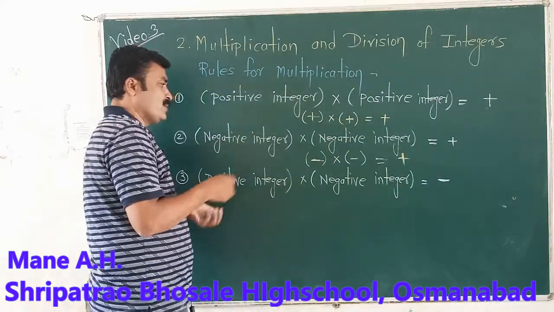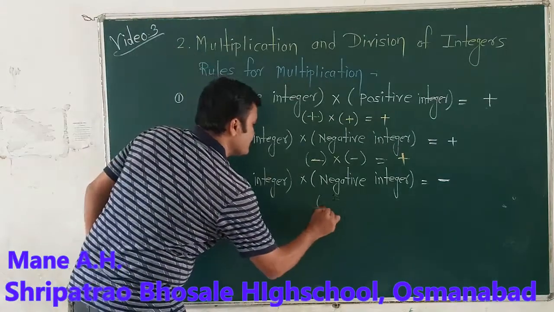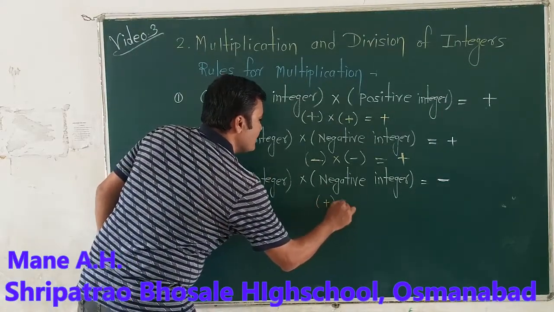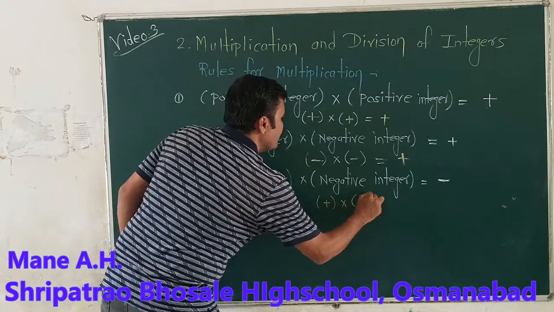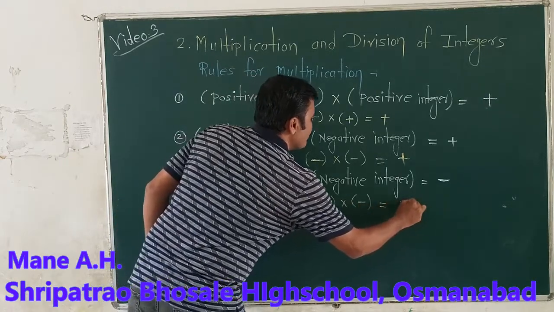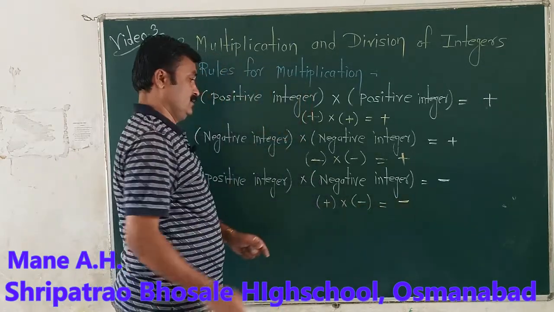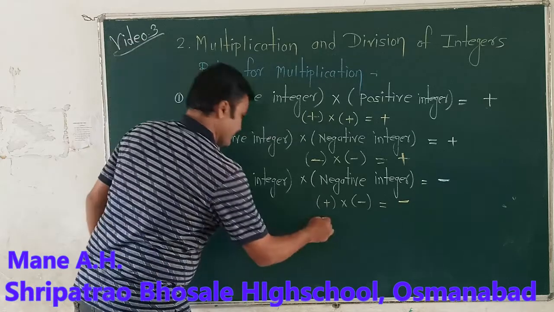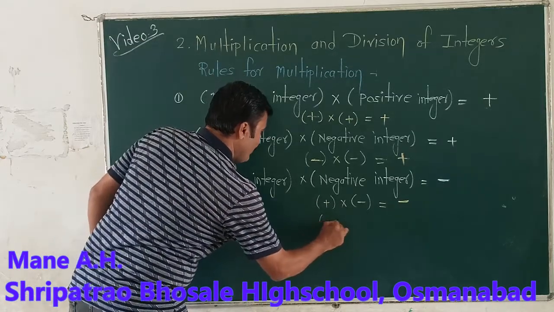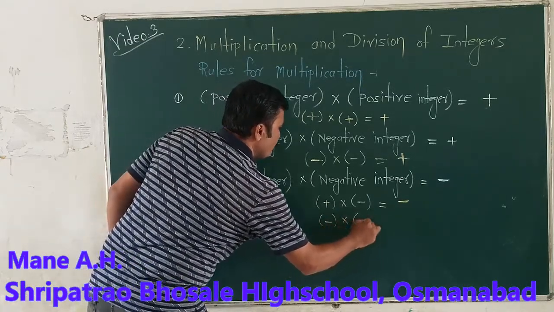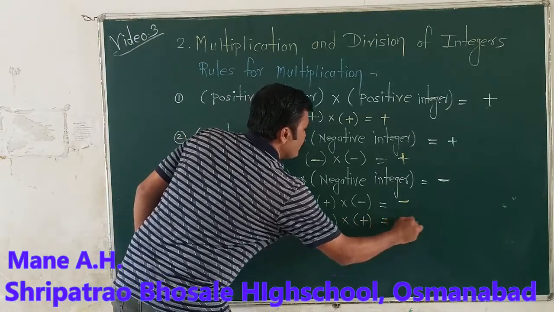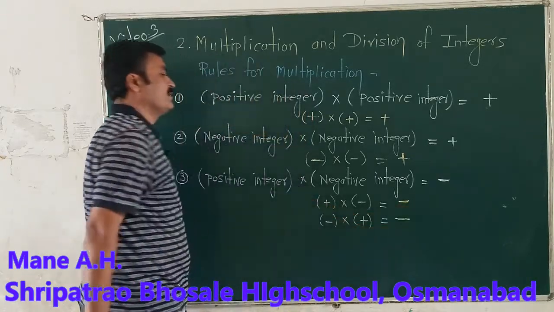So if we put it according to the sign, that is plus into minus, that always gets minus here. किंवा याला जर तुम्ही उलट लिहिलं तेही चालतं, minus into plus, that is always minus, in this way.